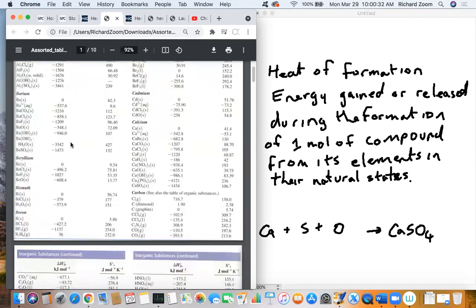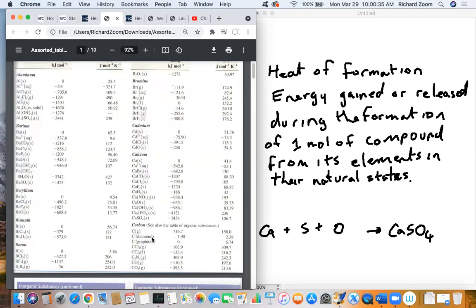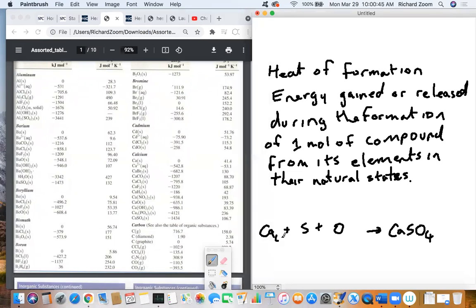So if I'm looking up calcium, I find calcium here, all in alphabetical order. And the calcium form that has the natural state is calcium solid. And that has a delta HF of 0. Now sulfur, let's have a look at sulfur.